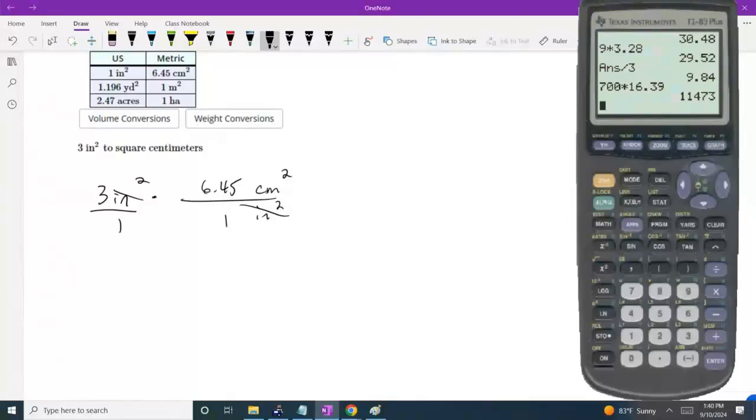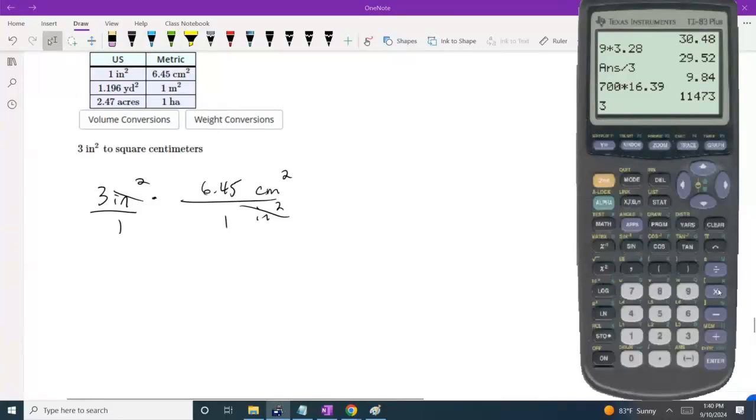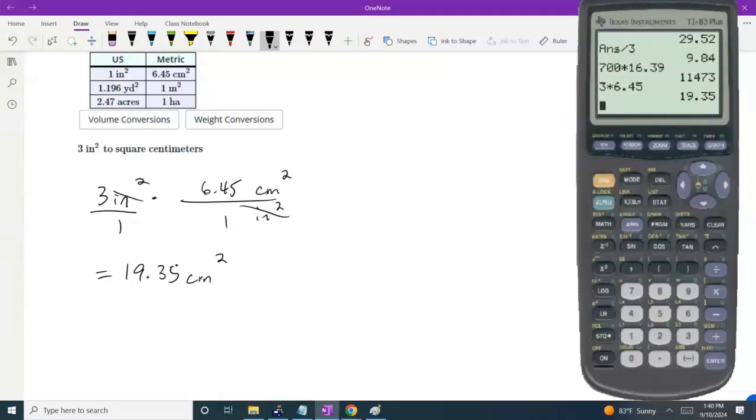Once we multiply, our unit of inches is going to cancel. I can now multiply 3 times 6.45. And if I attach my unit, I get 19.35 square centimeters for number 5.